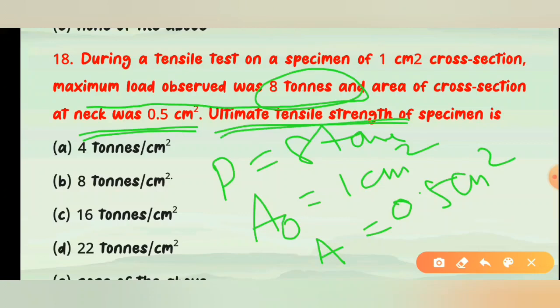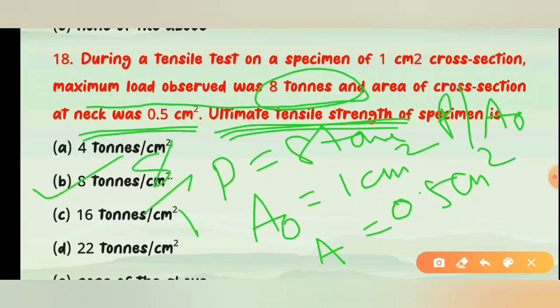Ultimate tensile stress is defined as the load over the original cross sectional area, P by A0. Therefore, it will be 8 divided by 1 equals 8 ton per cm square. So, the correct option is B.